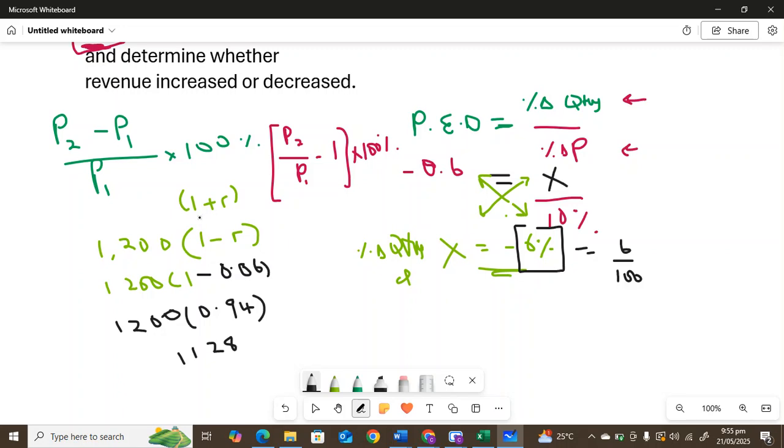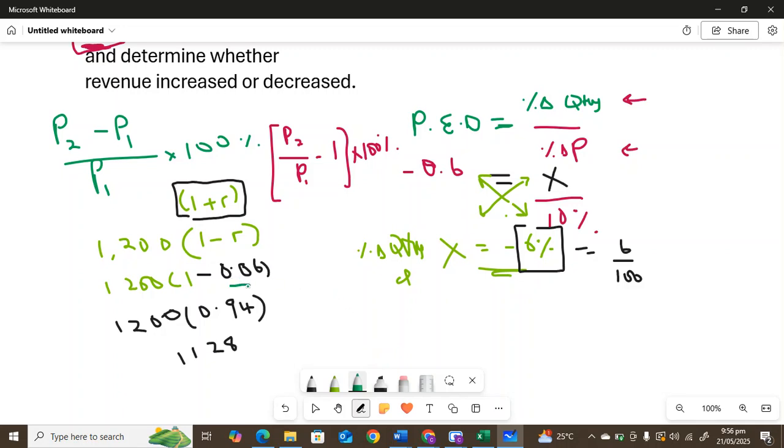1 plus R. I mentioned that, I even said that too.